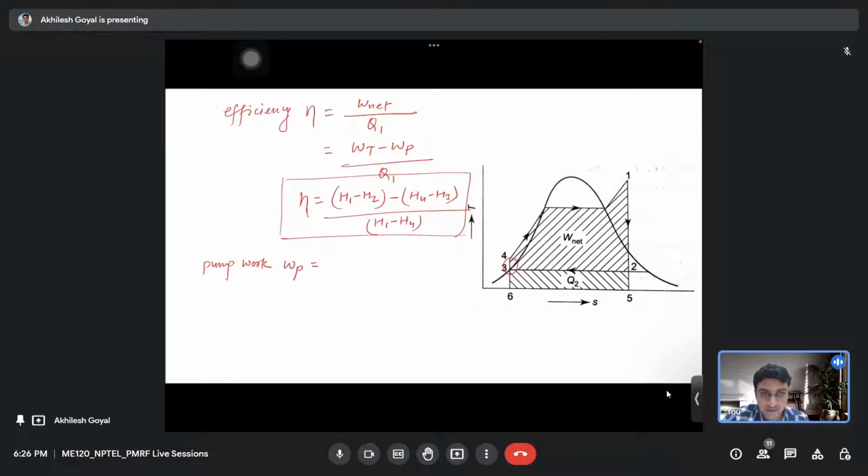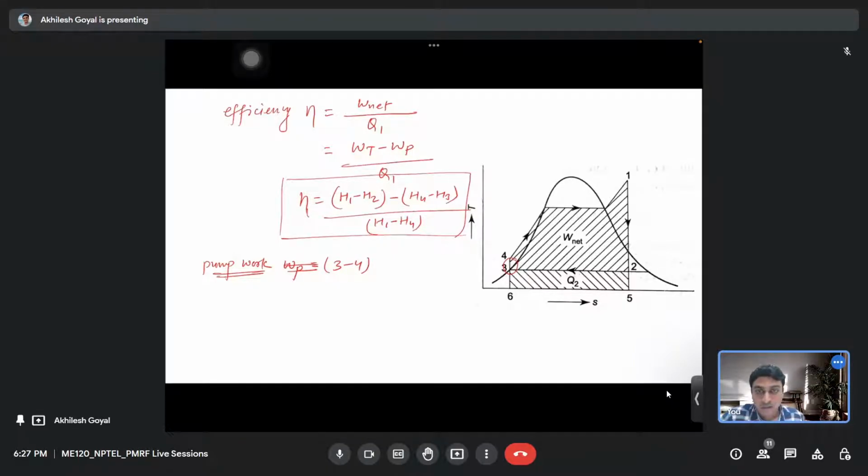WP work is being done on the working fluid, and what is the value of work done, WP? We can calculate that. For this process from 3 to 4, it is an adiabatic compression.